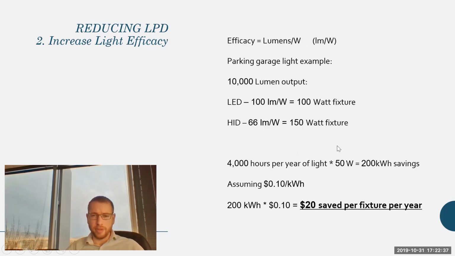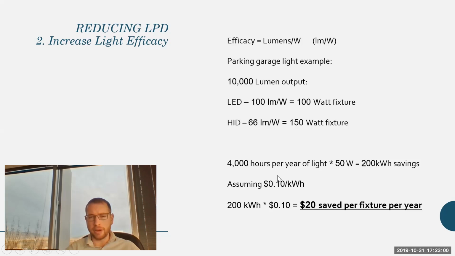In terms of financial savings, let's assume that these are on at night, so about half the year. A year is a little over 8,700 hours, so I'm just assuming 4,000 hours, a nice round number. Since we're getting the same lumens but using fewer watts to do so, we save 50 watts per fixture.